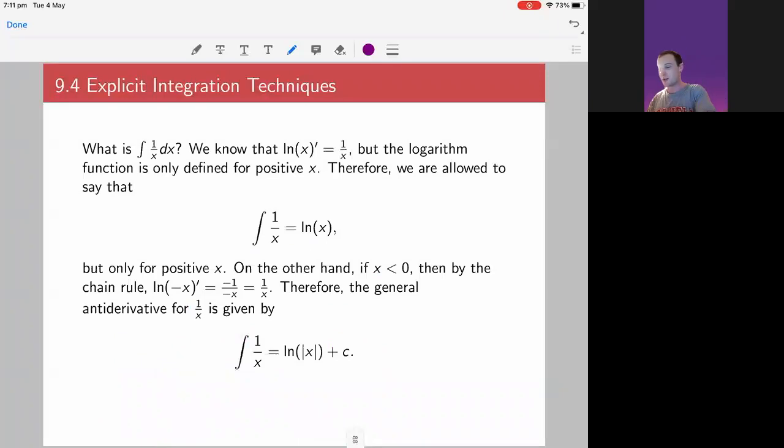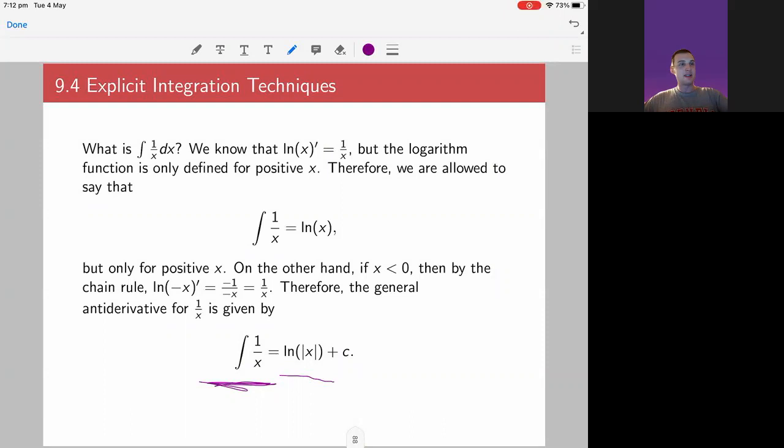Basically, the way we summarize that is by saying that the antiderivative of the function 1 divided by x is equal to the natural logarithm of the absolute value of x plus an arbitrary constant c. So this is how you define the antiderivative of 1 on x, even on domains where x could be negative. This is a useful thing to know.